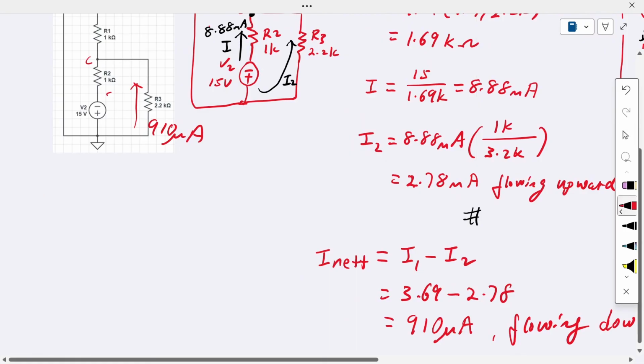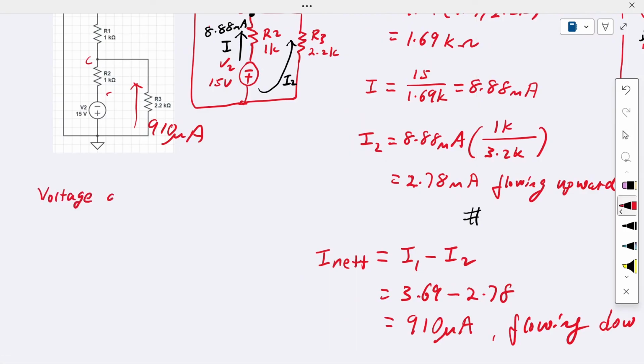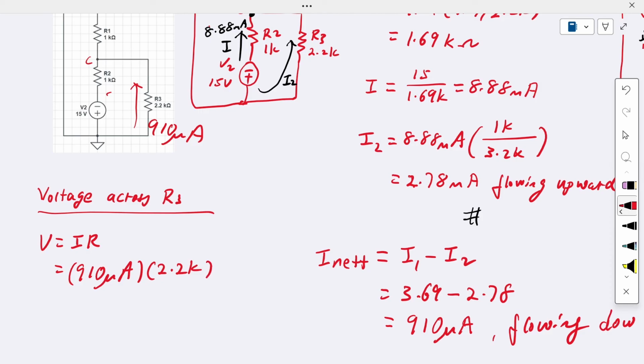The voltage is simple: the voltage across R3 is V equal to I, 910 microampere, times the resistance 2.2K. So we get the voltage. In this case, roughly we get a voltage of about 2 volt.